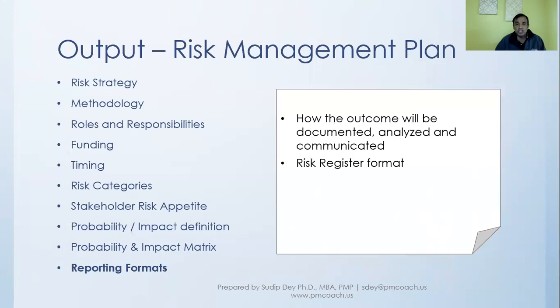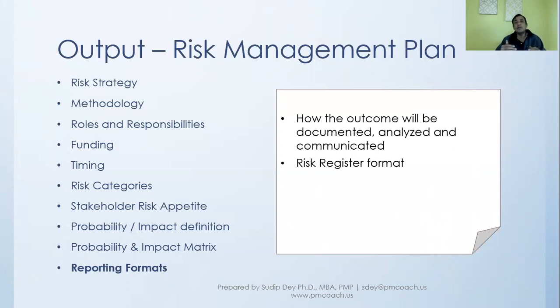One is the risk register. The risk register is a document that we will create and take through the project. It will not only list the risks, but also, as we move along, what actions we are taking, what we expected, and so on and so forth.